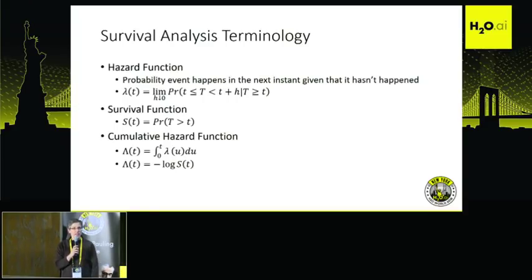But the types of events could be what's the chance that somebody makes a claim on an insurance policy, or what's the chance that somebody makes a purchase if you're selling goods.